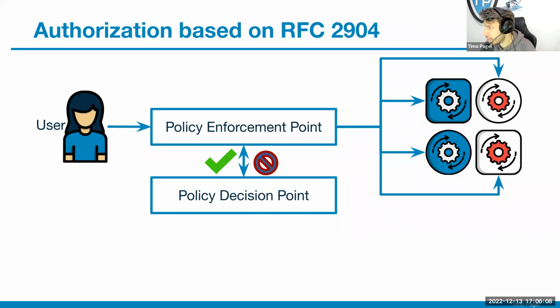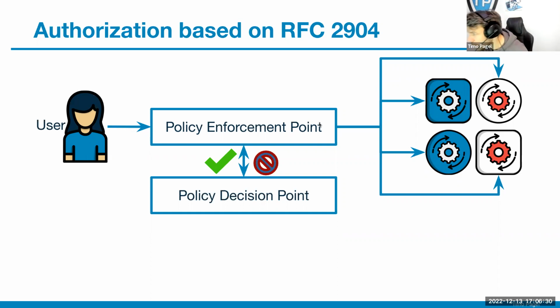There is a request for comments in which authorization is defined. You see two entities which are defined in that RFC. You have a user, and then comes a policy enforcement point and a policy decision point.